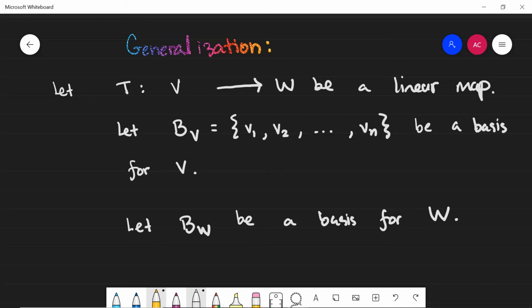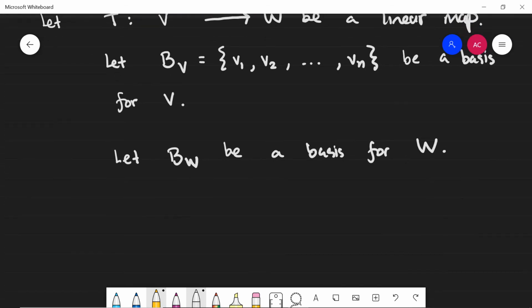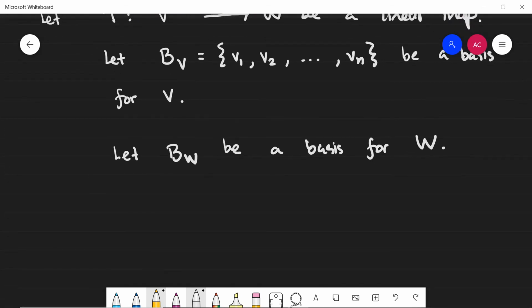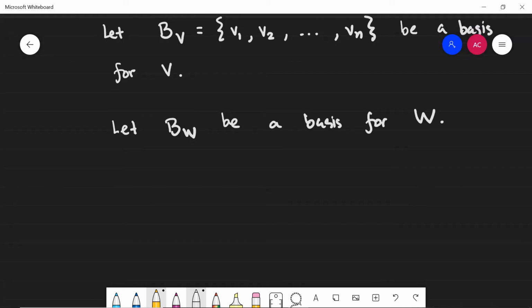So let B sub W be a basis for W. So the matrix representation of T with respect to these choices of bases is the following. Remember you put the domain, or I'm sorry, you put the codomain first and then you put the domain.